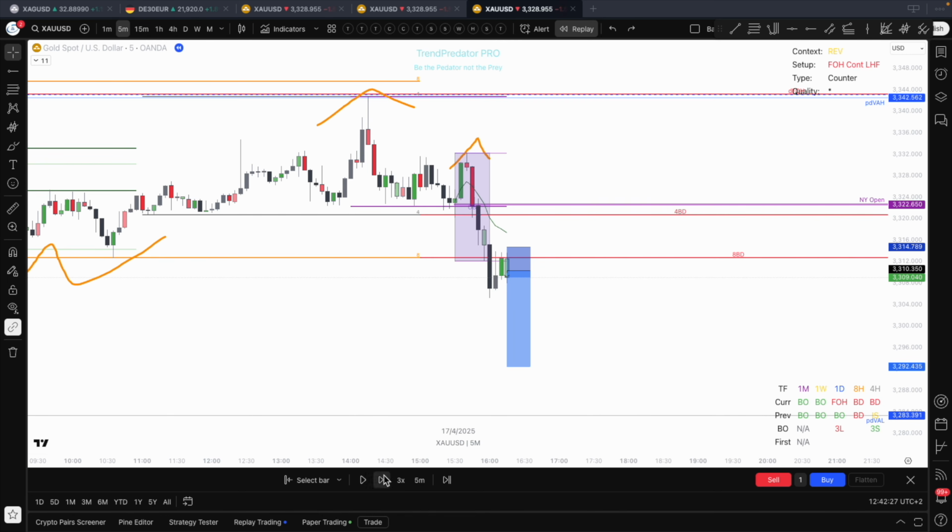And then I already entered here, but if you were still hesitating, then you see on the next candle, this one here, you get even a 5-minute fake out high. So here the trend predator fake out colors you the fake outs and the switch candles, and here you see you get a 5-minute fake out high.